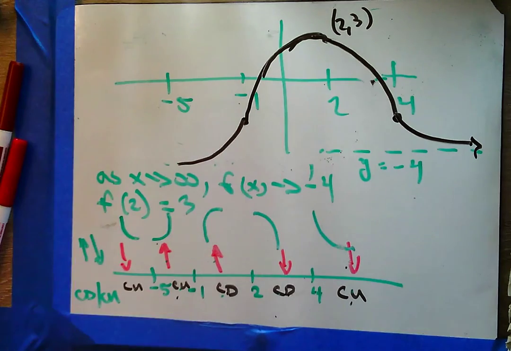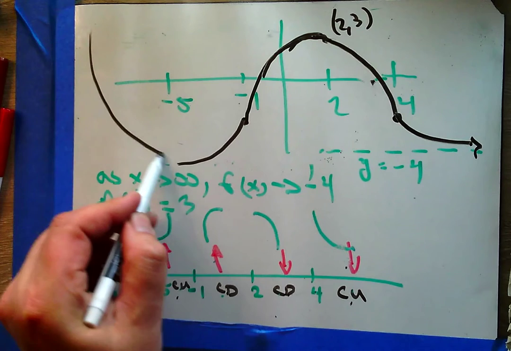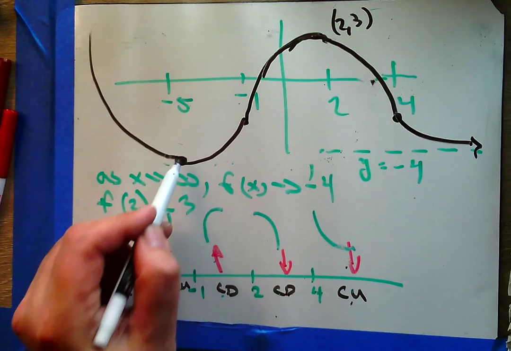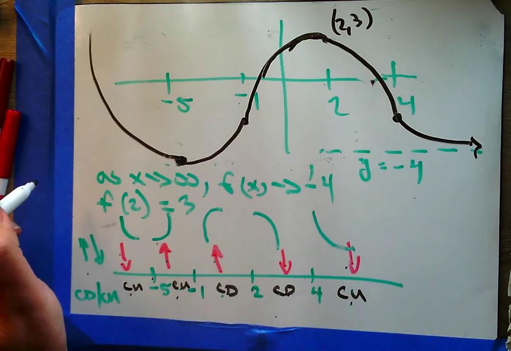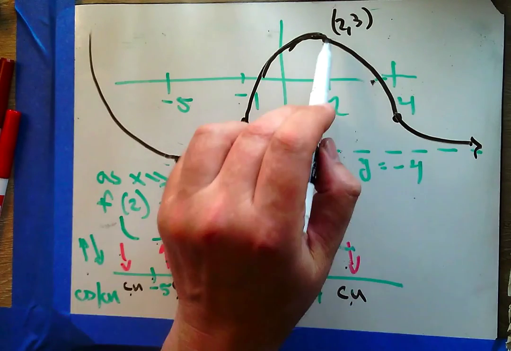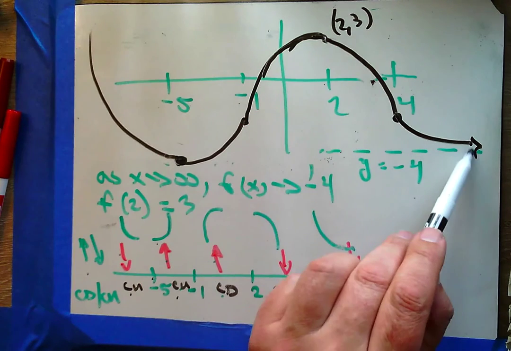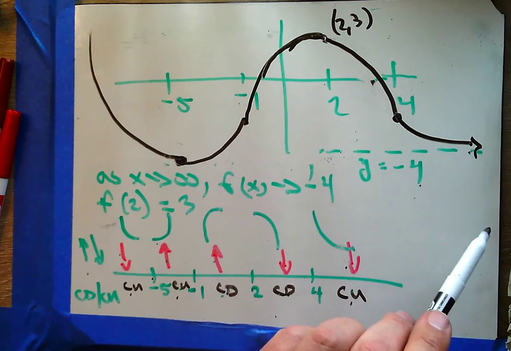And then from negative infinity to negative 5, I'm decreasing and concave up. So like that. Okay? Now, the only y values I know for sure on the graph are this one, and I have to be approaching negative 4 here.